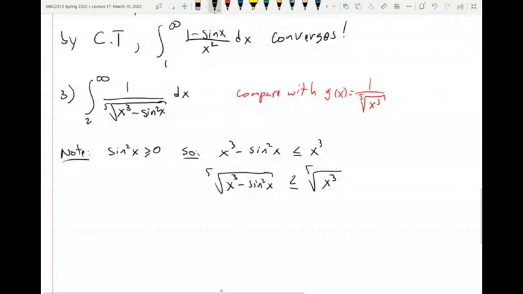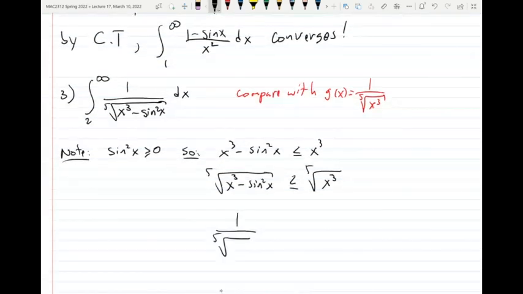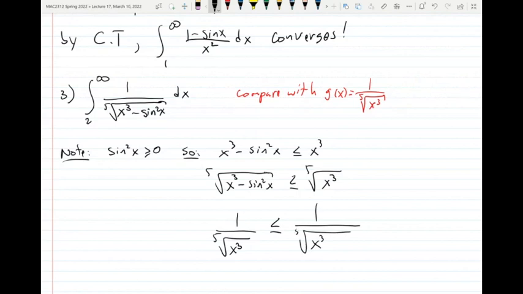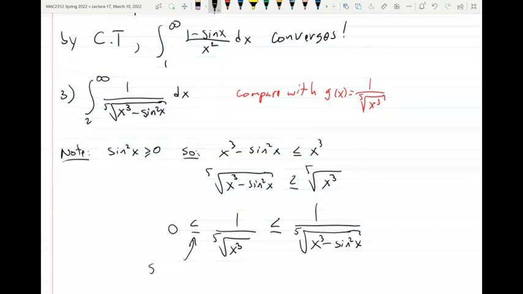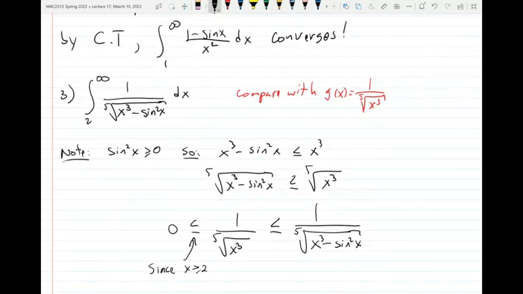So 1 over the fifth root of x cubed is smaller than 1 over this guy. Very good. All of this we're dealing with is positive, because x is greater than or equal to 2, so it's not negative.